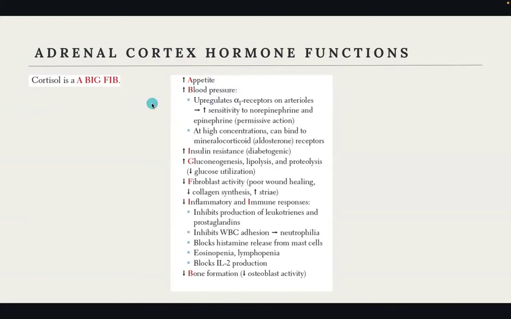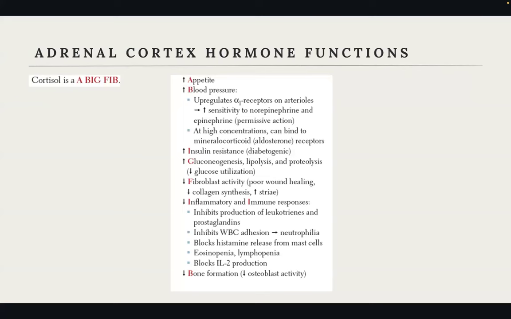Now, let me brief you a bit on the way it increases blood pressure. So we have alpha receptors, I hope you guys know by now. Alpha receptors are found on the surface of the vasculature of the body, the arterioles. They're called alpha-1 receptors. The alpha-1 receptors bind epinephrine and norepinephrine, and after binding of the epinephrine, it's going to cause vasoconstriction, right?